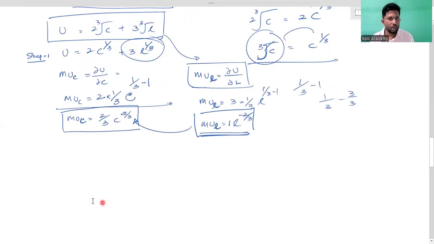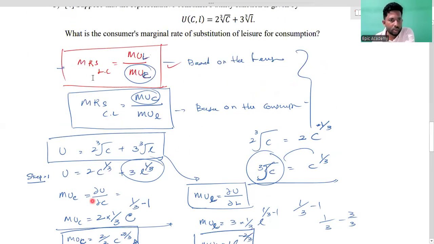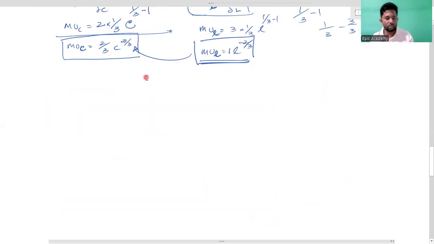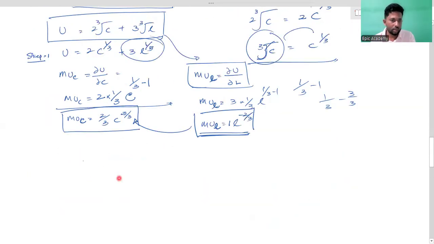By using this, I already said this is the methodology for the MRS for L and C. MUL must be divided by MUC. Based on that, we can continue the consumption calculation. MRS, I'm going to LC. So then MUL must be divided by MUC.